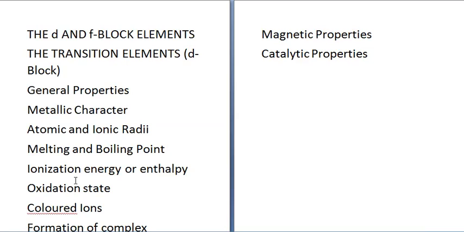Next is colored ions. Most transition metal compounds, either in solid form or in solution form, are colored, unlike the compounds of s and p block elements. The color of compounds of transition metals is due to the presence of an incomplete d subshell.